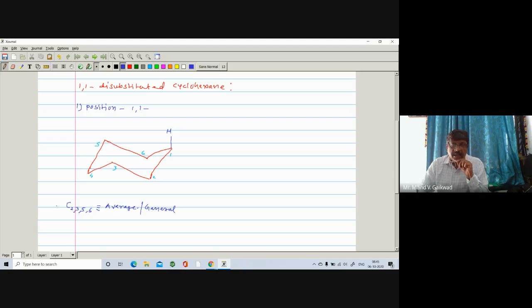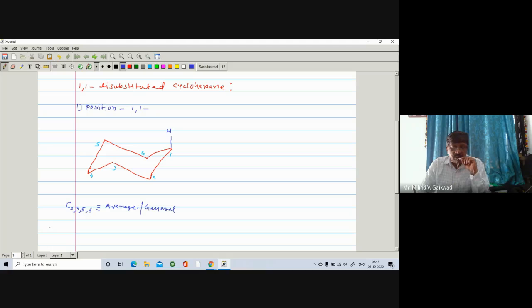So here in this case, we have seen the axial bond. Axial bonds are the bonds which are perpendicular to the general plane or the average plane. They are called axial bonds, right? So in this case, we have written on carbon number 1 the axial bond.